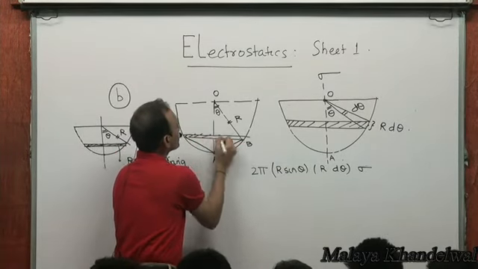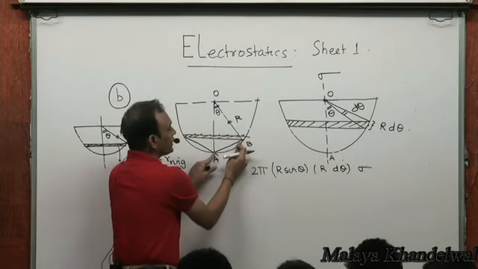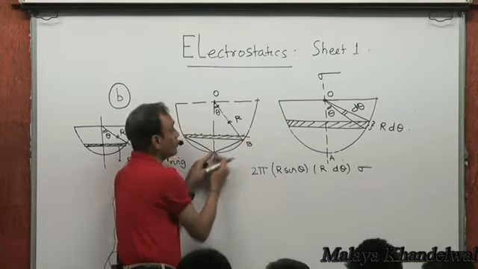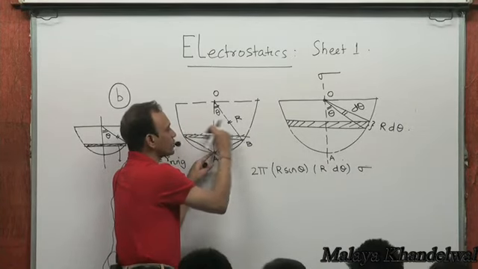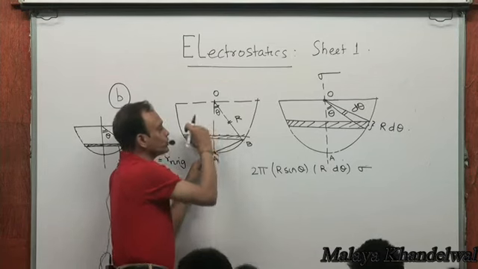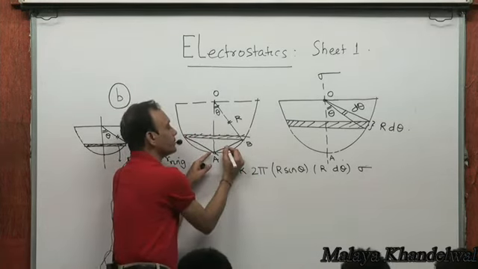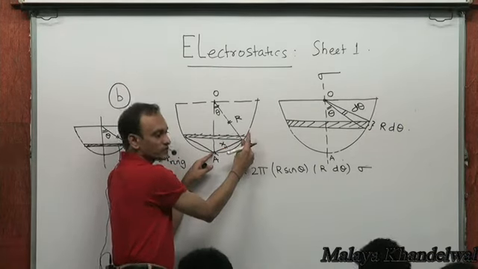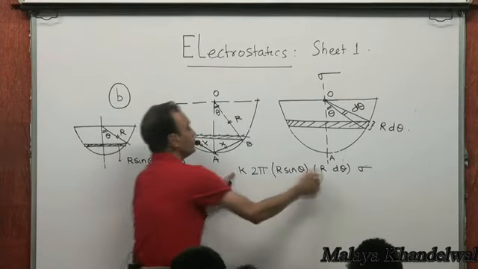Clear? So K times the charge on the ring divided by the slant height of the cone will give me the potential at A. To calculate the potential at A because of this ring, I do K times the charge on this ring divided by this x, which is the slant height of this cone, kq divided by x.